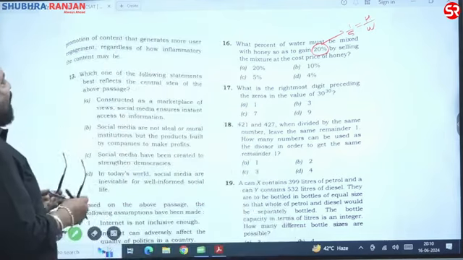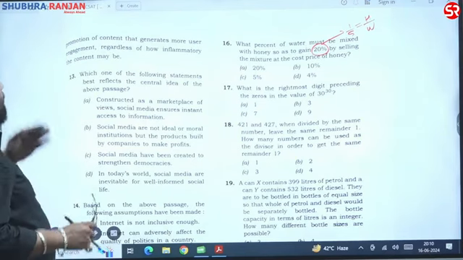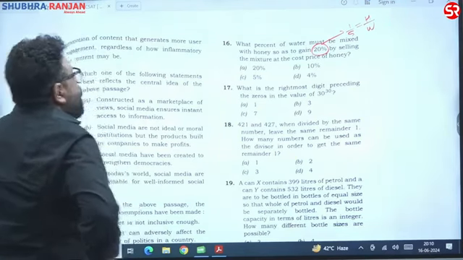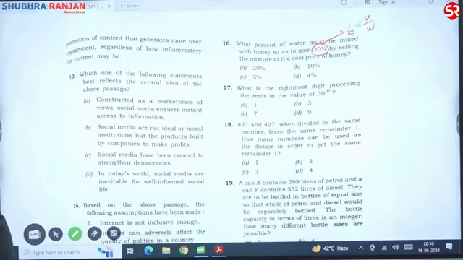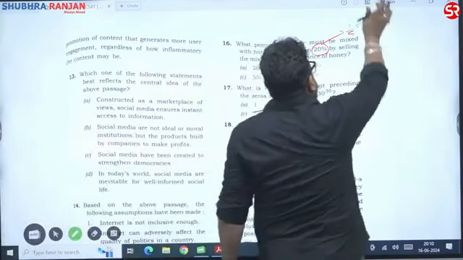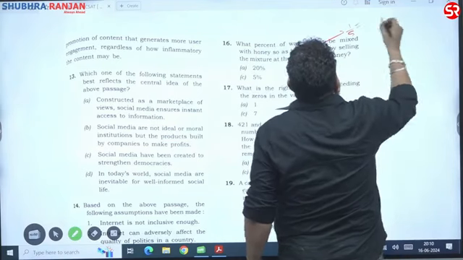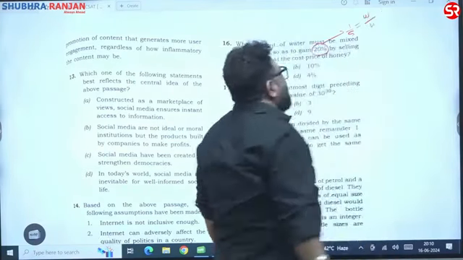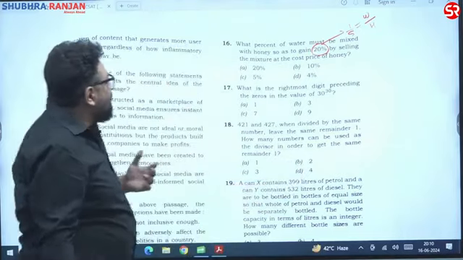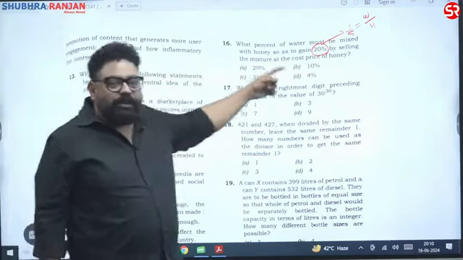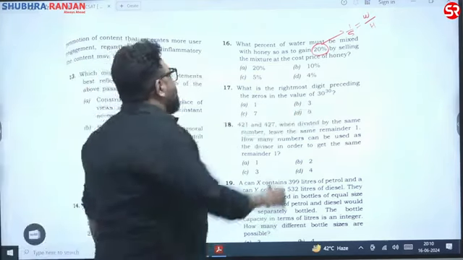So he says what percent of water must be mixed with honey so as to gain. So it is water and honey, guys. So I'm just writing it as this is honey, this is water. So water and honey. So he says what percentage of water must be mixed? So 1 part of water and 5 parts of honey. So 20%.